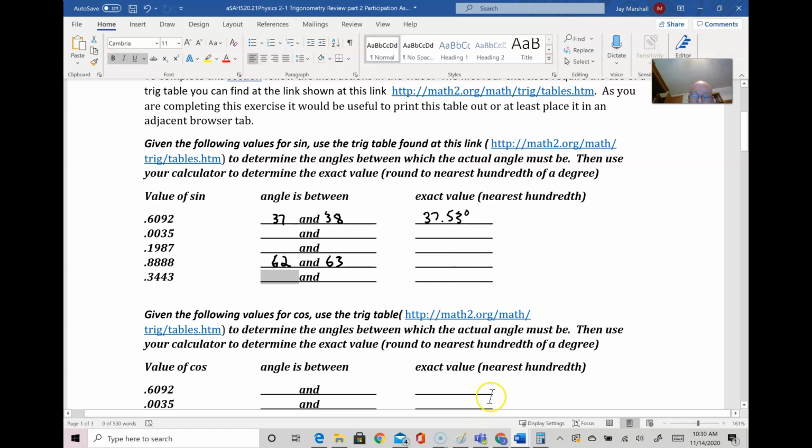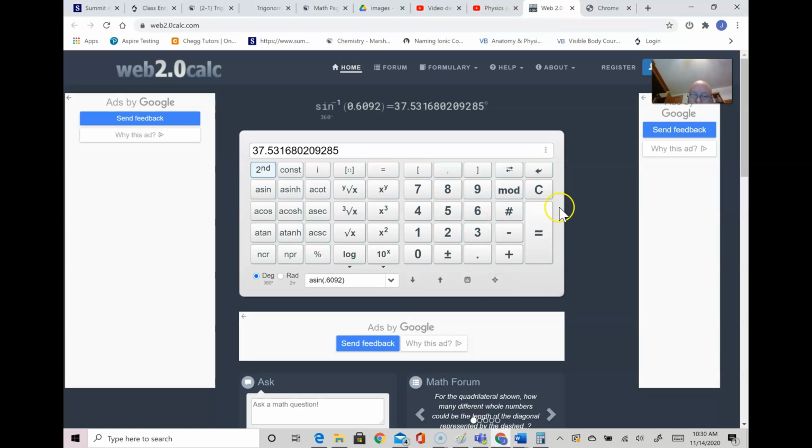And then I'll go to my calculator, clear the last one, and again I'll say second, and I want the sine of that, so the arc sine or the sine to the negative first, it's the same thing, and I'm going to plug in 0.8888, and that's going to give me 62.7 degrees.